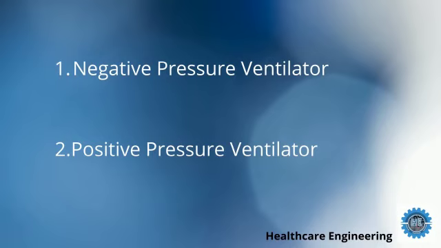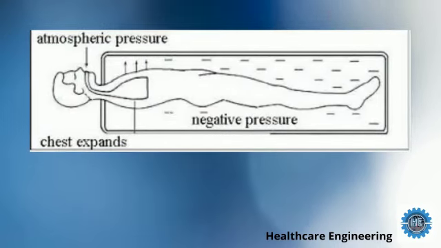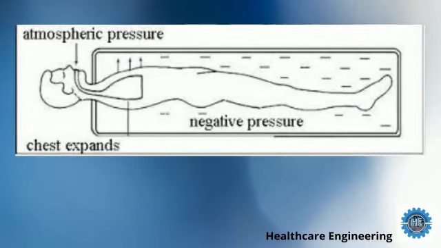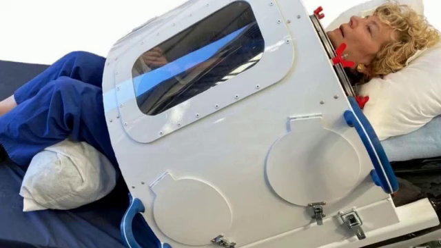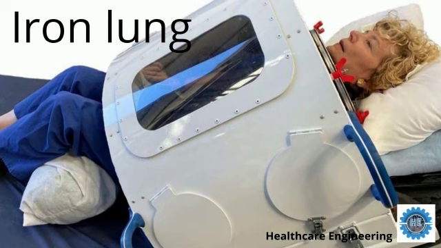A negative pressure ventilator is a type of mechanical ventilator that stimulates an ill person's breathing by periodically applying negative air pressure to their body to expand and contract the chest cavity. An iron lung, also known as a tank ventilator or Drinker tank, is a type of negative pressure ventilator, a mechanical respirator which encloses most of a person's body and varies the air pressure in the enclosed space to stimulate breathing.